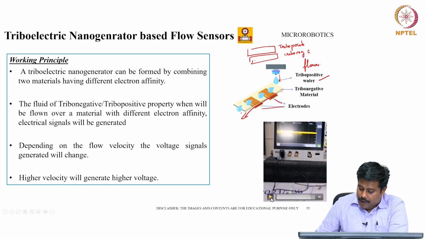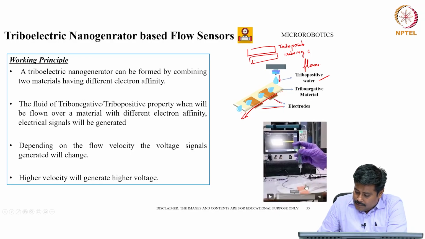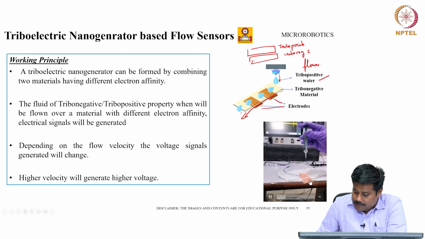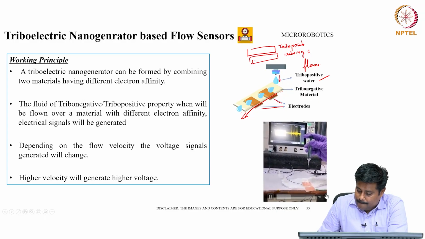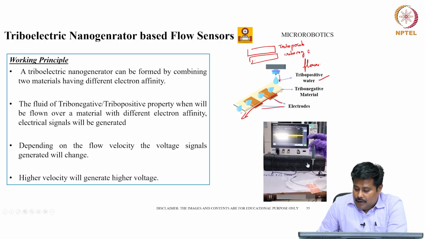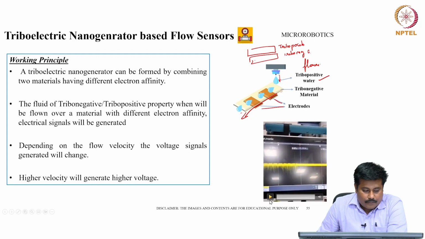In this particular video also we can observe this triboelectric negative material, and when the flow is made to hit the surface, because of the positive charge of the water droplet, we can continuously monitor the shift in the charge.